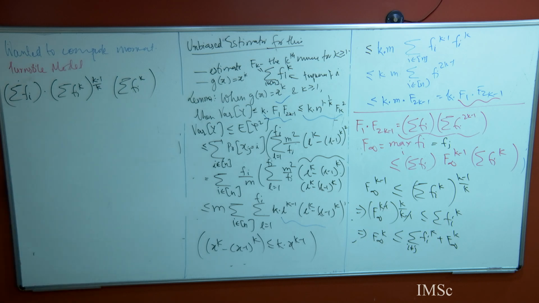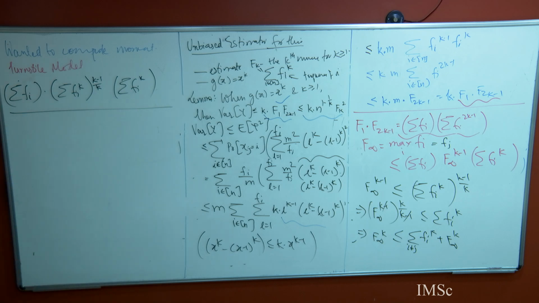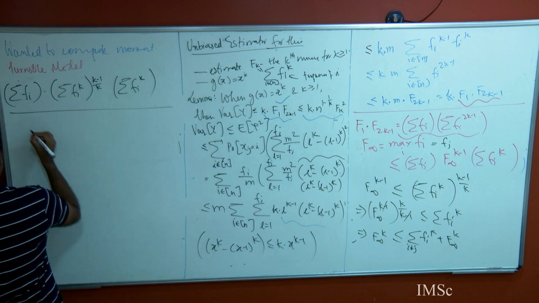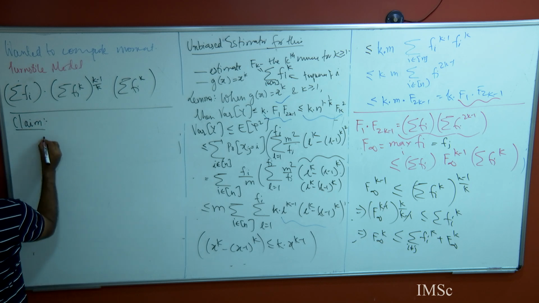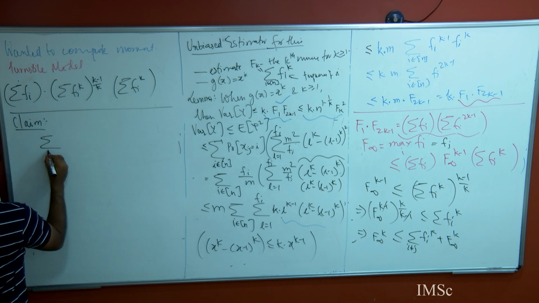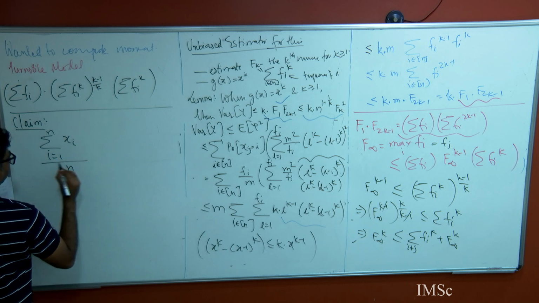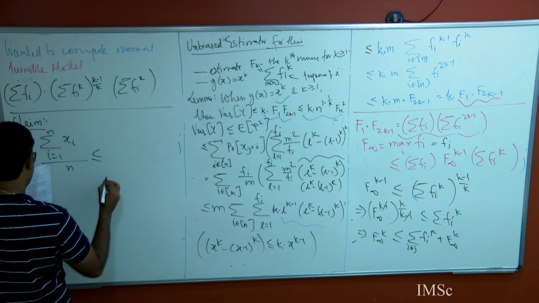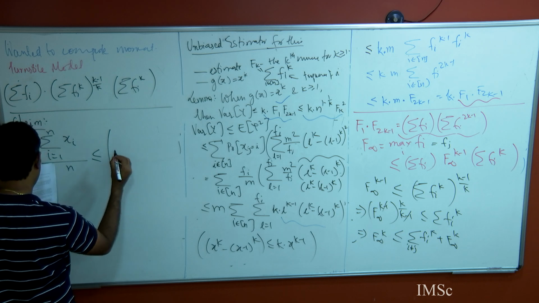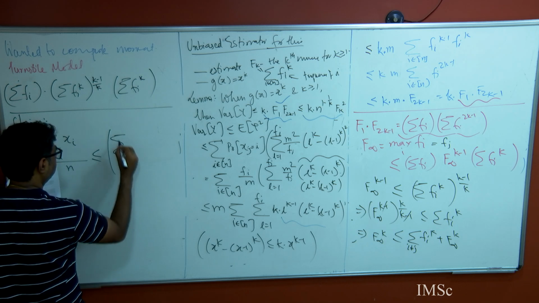And this is an inequality which will prove, or you will prove. So here's a claim. I'm not going to prove this. Okay, this is not very hard. At least I checked. Summation from 1 to n of x_i by n is less than or equal to summation i equal to 1 to n.